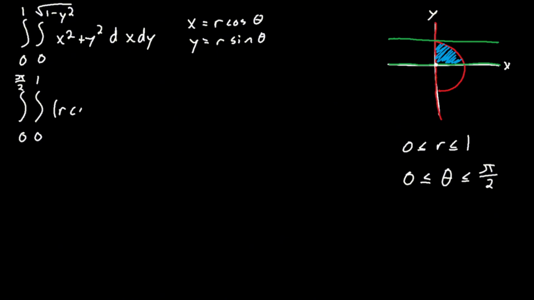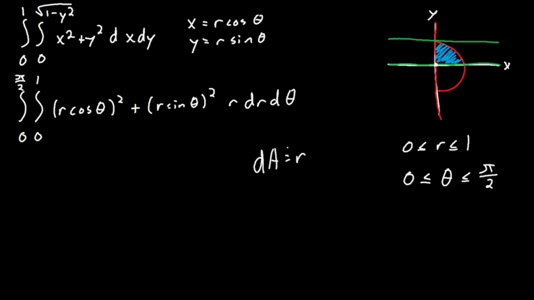So you get r cosine theta squared plus r sine theta squared. And dx dy turns into r dr d theta. Remember that. dA for polar coordinates is equal to r dr d theta. Do not forget the r.